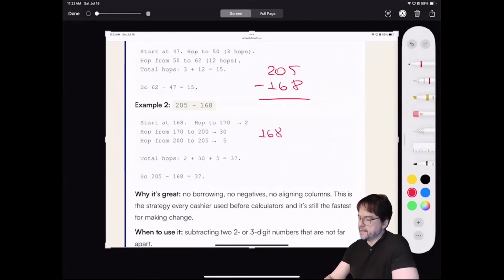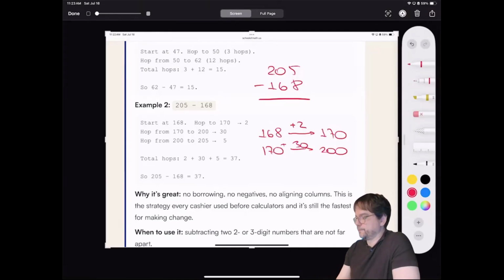So 168, I go to 170. 168 to 170, look at the screen, is 2. 170 to 200 is 30. 200 to 205 is 5. 30 plus 5 is 35, plus 2 is 37.